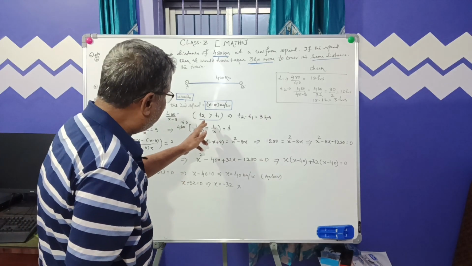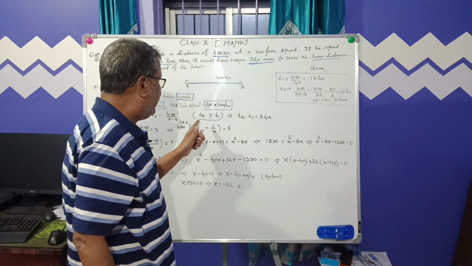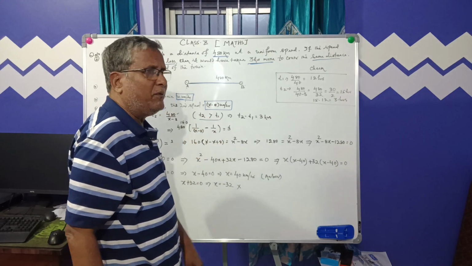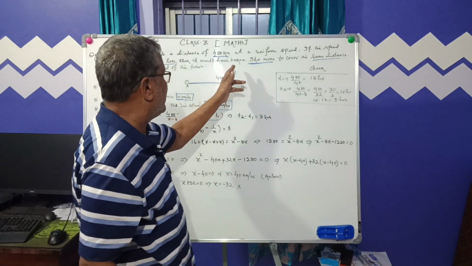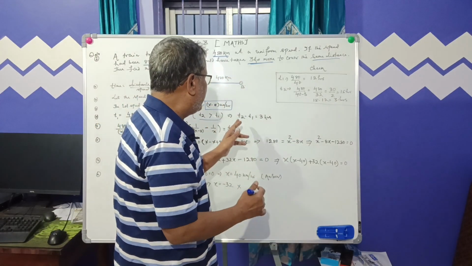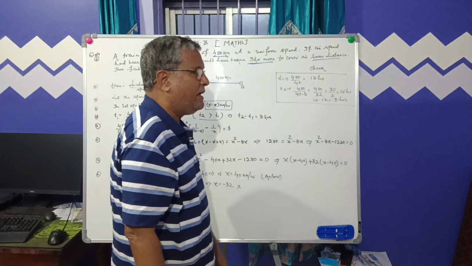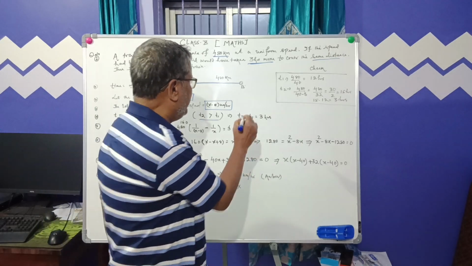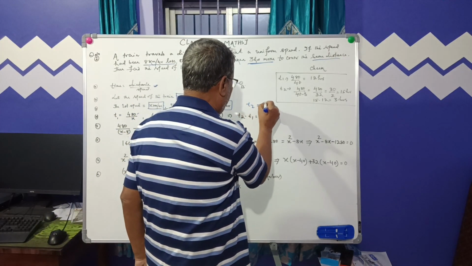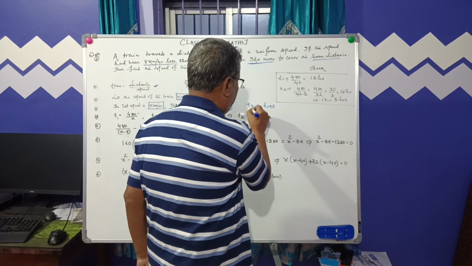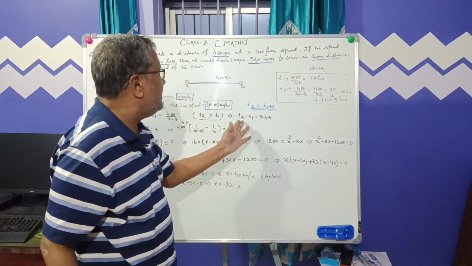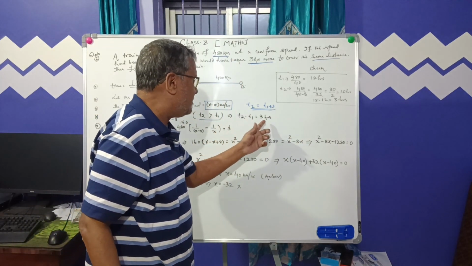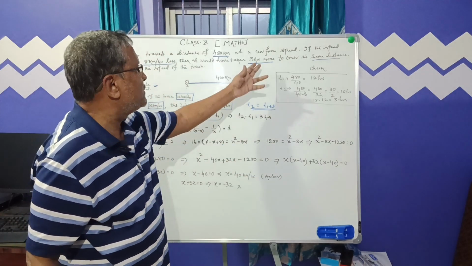So now this is very important: T2 is greater than T1. By how much? As per our question, if we subtract, T2 minus T1 will be 3 hours. Otherwise, you can frame T2 is equal to T1 plus 3, but it will be complicated. So simply you can write T2 minus T1 is equal to 3 hours as per the question.